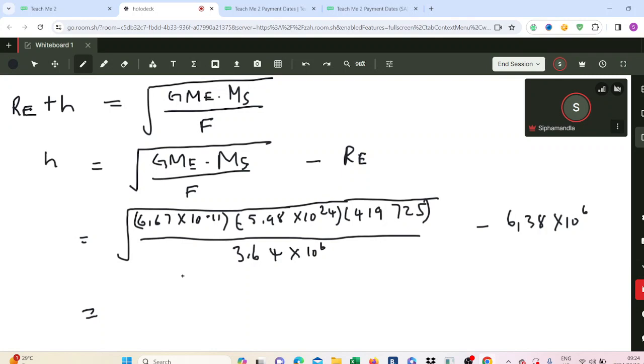Divide that by 3.64 times 10 exponent 6, and then put that under the square root, and then I will have 6,781.